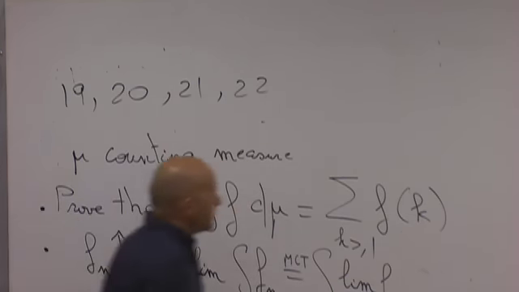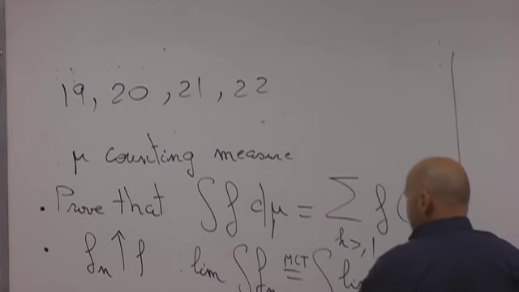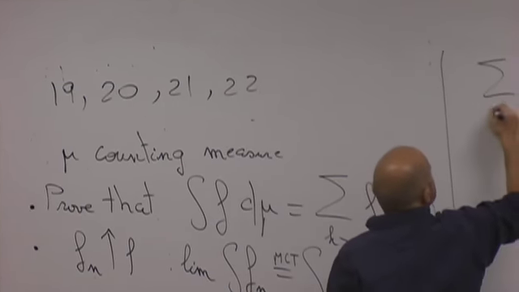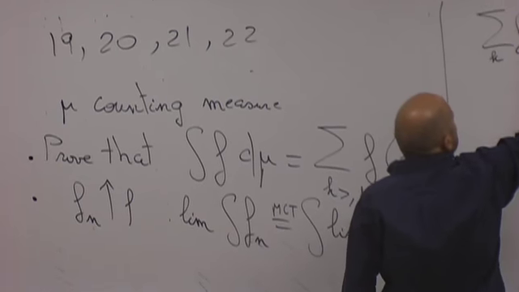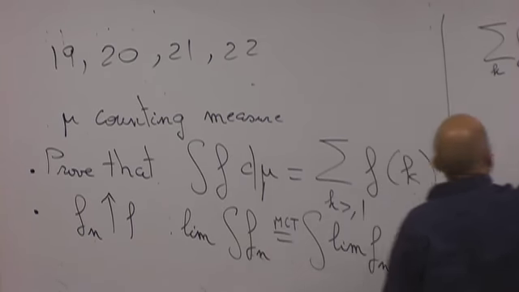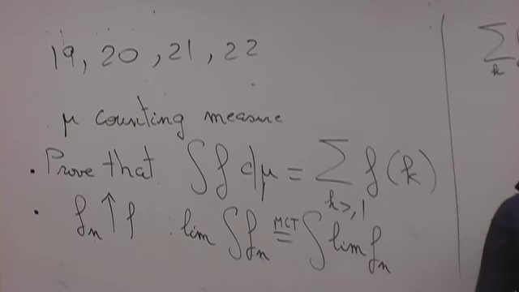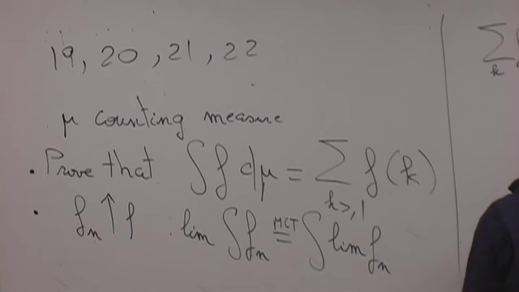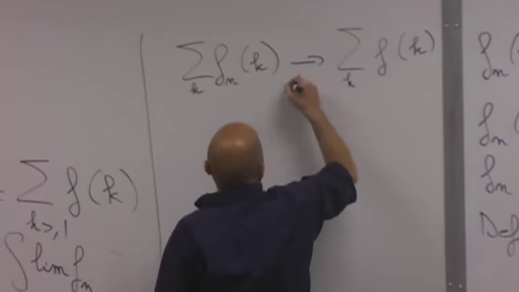So in this case, we are talking about the series of Fn(k) converging to the series of f(k) as n goes to infinity.